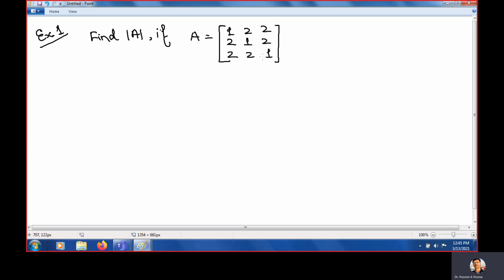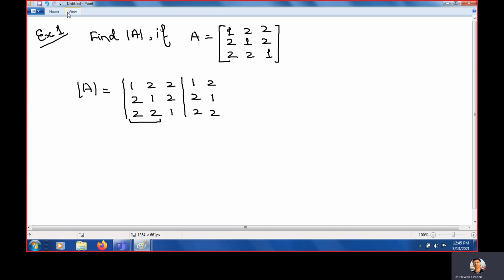So how to find it? Determinant of A equals to, write this in determinant form: 1, 2, 2, 2, 1, 2, 2, 2, 1. Clear? Now copy these two same columns.